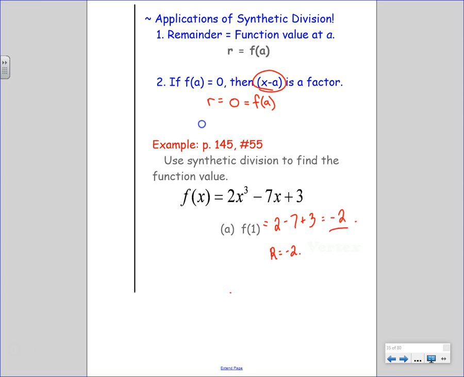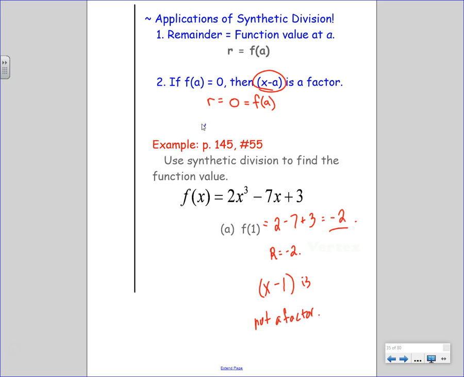If I'm putting 1 in the box, what factor is this representative of? X minus 1 is not a factor. Because you put the 1 in the box for the synthetic division, the remainder should be a 0, but it's not, or it would be a 0 if it went in evenly. I can say by plugging in 1, x minus 1 doesn't work as a factor, so forget it.